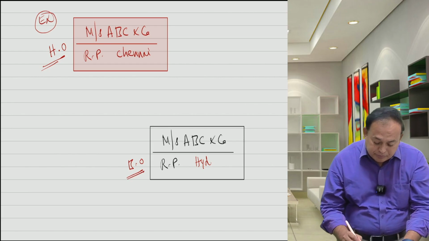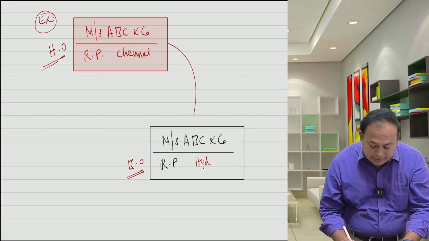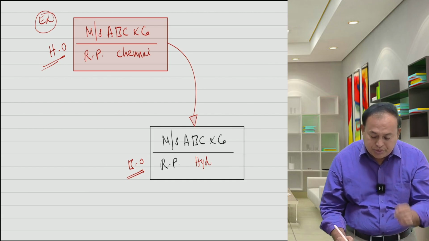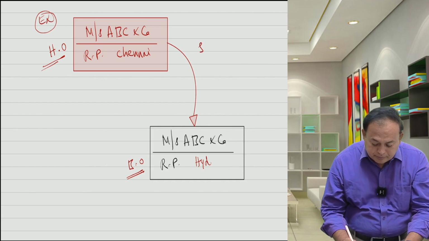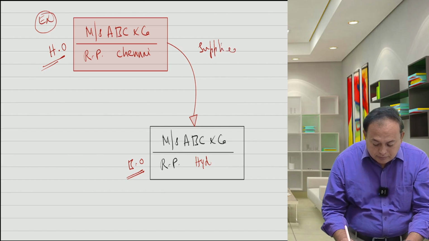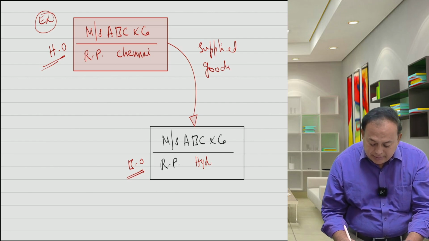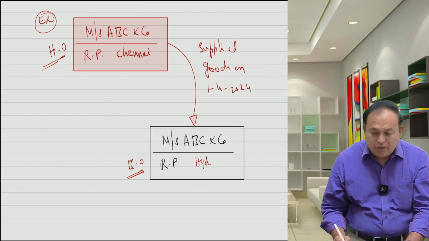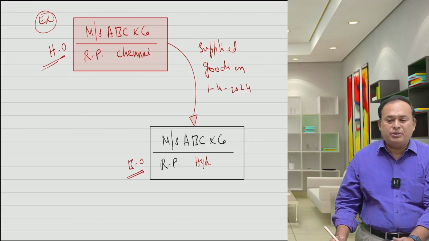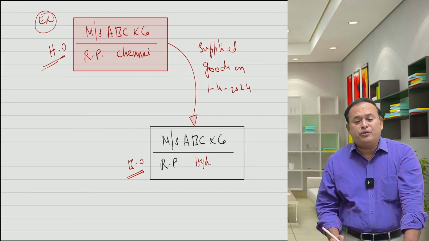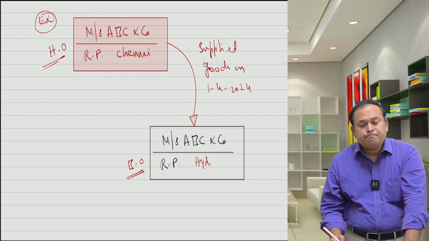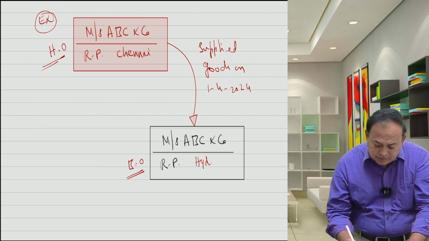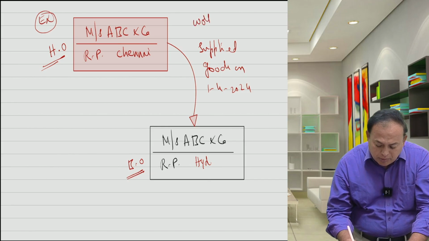When they supplied goods, let us say for example on 1st April 2024, the worth of the goods, how much worth?